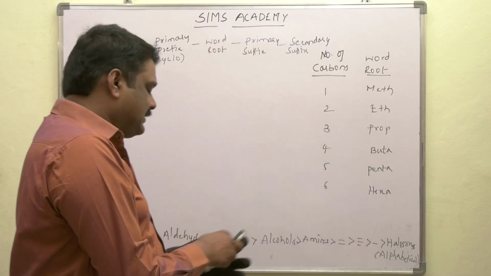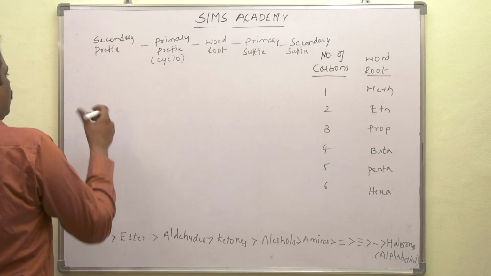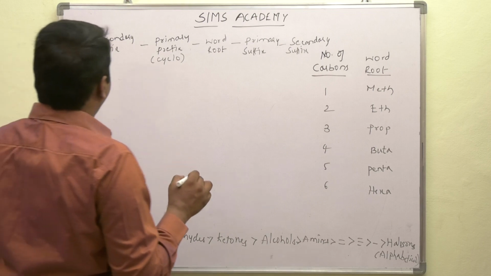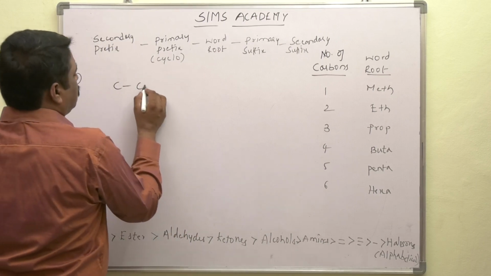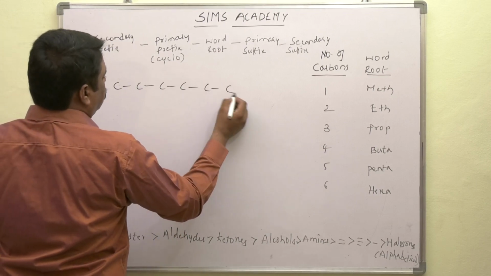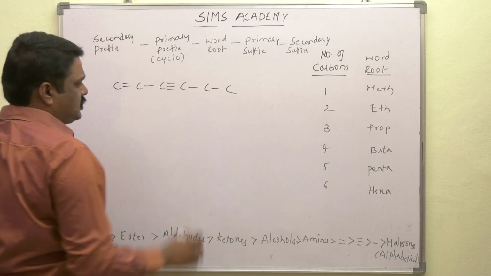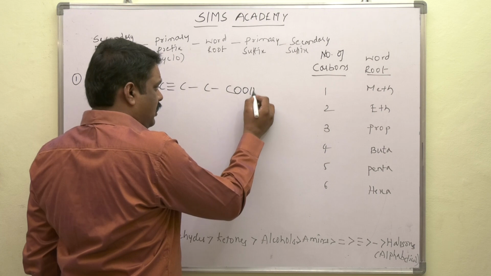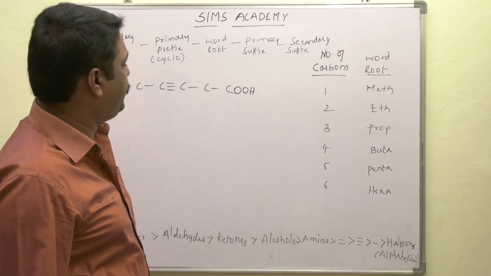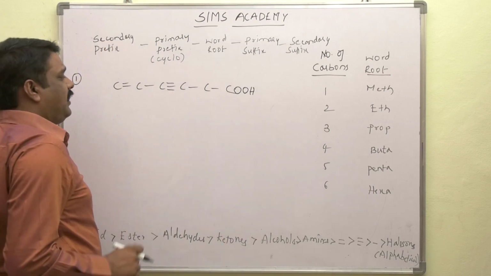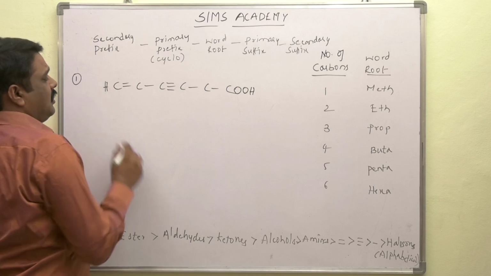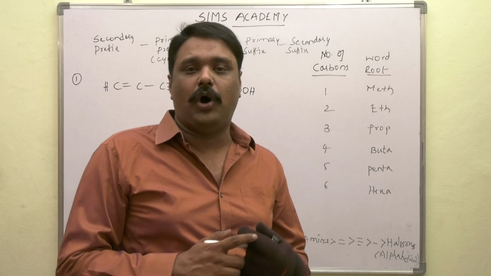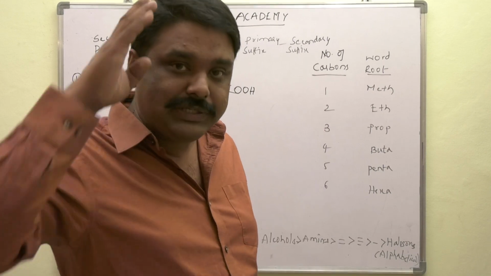Okay, let us take an organic compound where we have multiple bonds along with a functional group. Remaining valencies will be filled with hydrogens. We know carbon is tetravalent in nature, so it always forms 4 bonds.